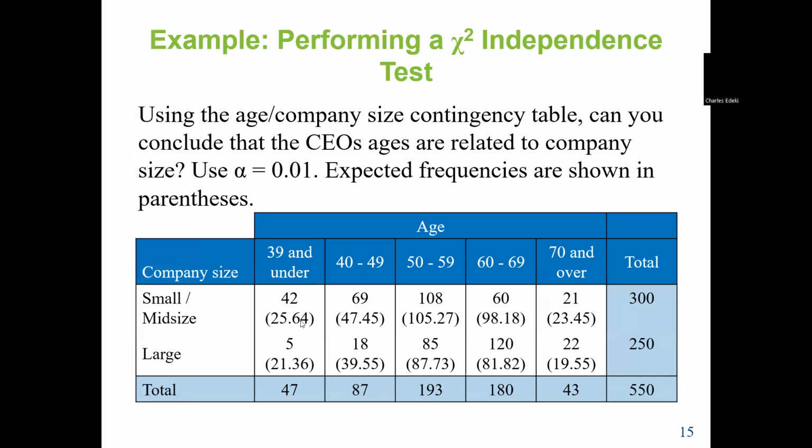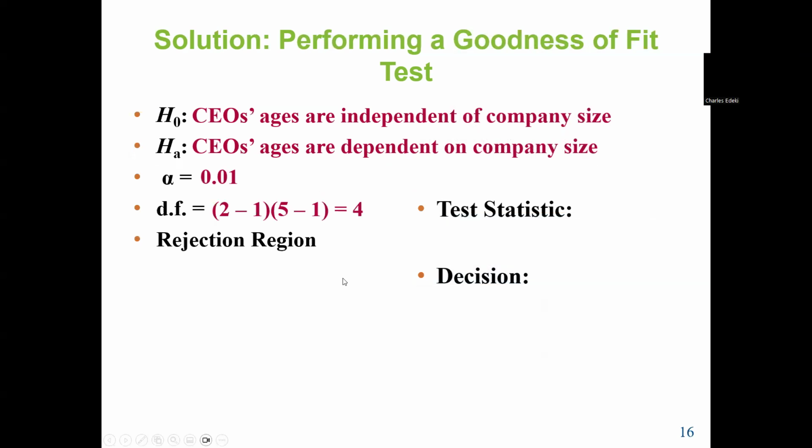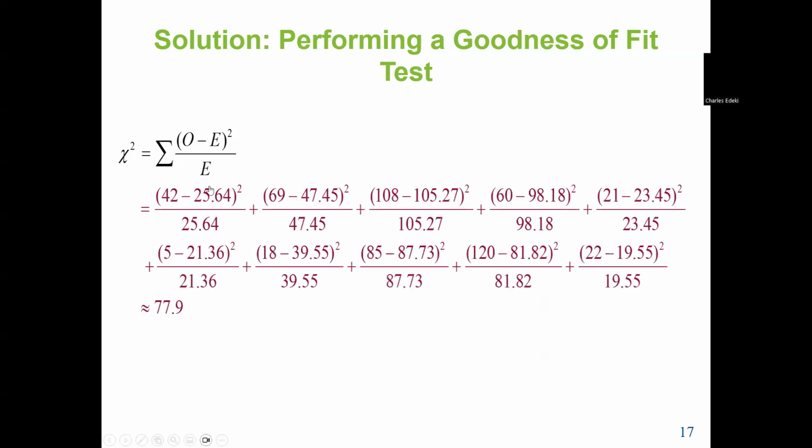We are doing each category for each cell. So we should have 10: 5 ages and company size is 2. Then we have to sum all together. Remember the summation formula; we sum all the values: the first, second, 3, 4, 5, 6, 7, 8, 9, 10.